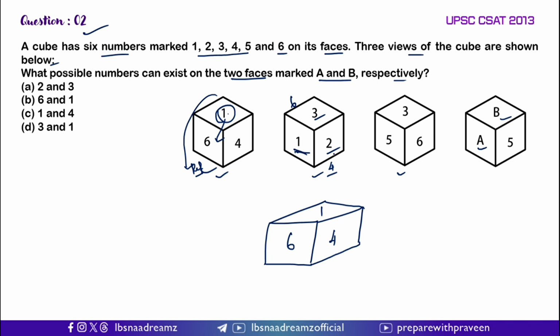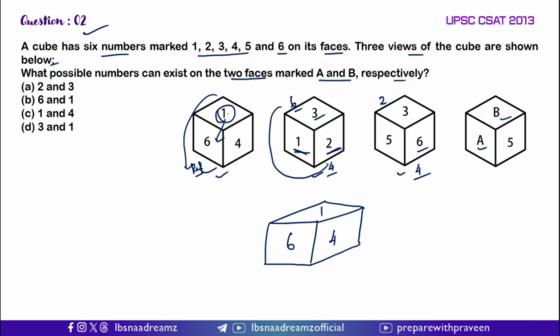Now we know 2 is in the opposite side of 6. So in the third image we have 6 here, so 2 will be in the opposite side, and opposite to 3, 4 is here, so here also 4 will be in the bottom. And we have to find what will be in the opposite direction of 5. 4 is in the bottom, 6 has come here.